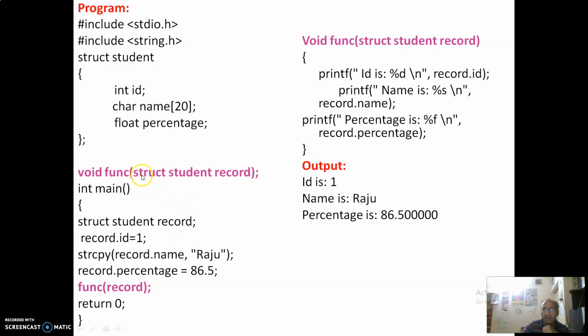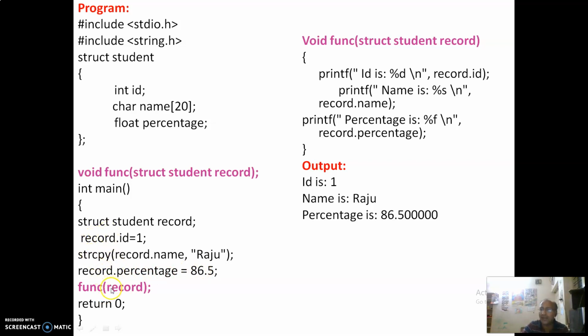void funC(struct student record). This is the function declaration. struct student record. record.id = 1. strcpy(record.name, "Razu"). record.percentage = 86.5. funC(record). Now the structure is the record.